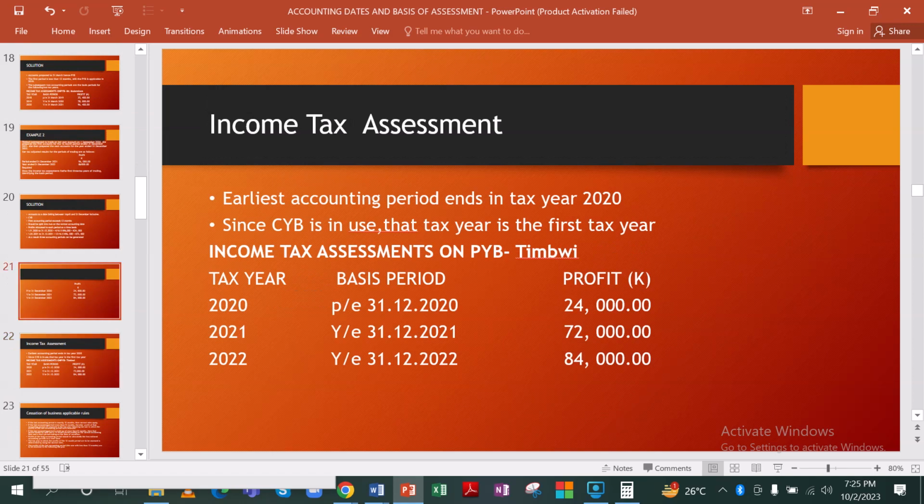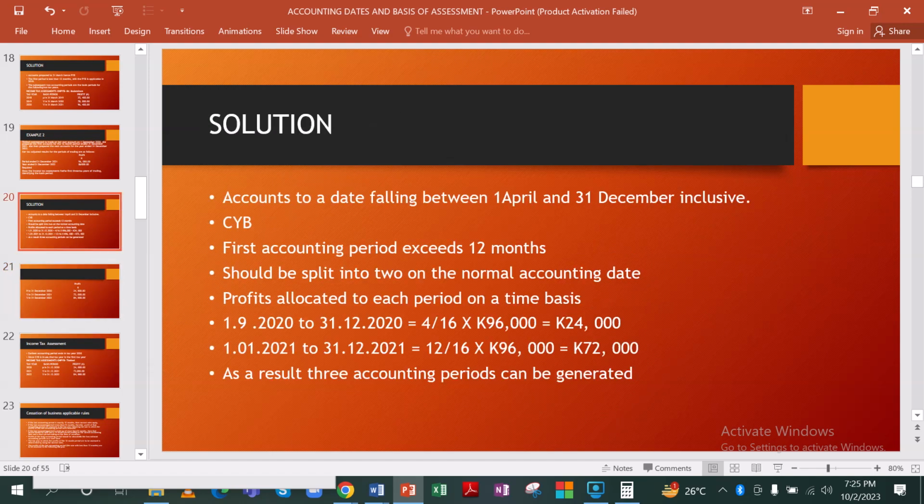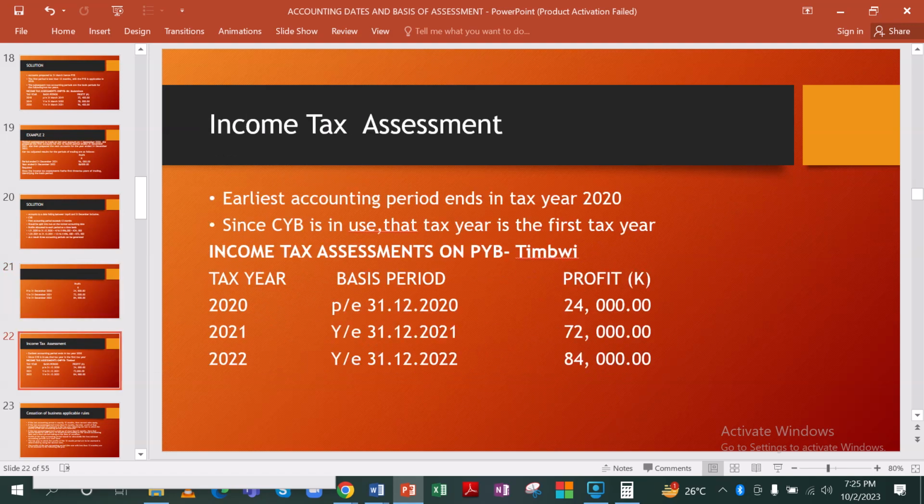We have the solution. Okay, 2020. This is what we have got. 2020 current year basis, not preceding year, but current year basis.